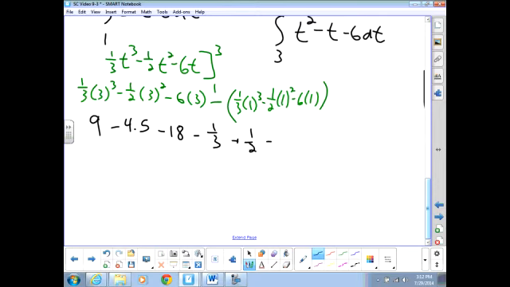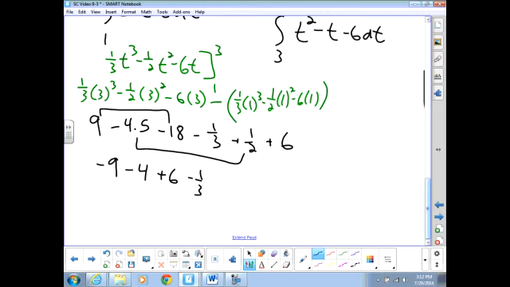And we'll get a minus, or a plus 6. Well, the negative 4.5 and the half will give us negative 4. And the 9 and the negative 18 will give us negative 9. So we'll have negative 9 minus 4 plus 6, and then we'll have the minus 1/3.